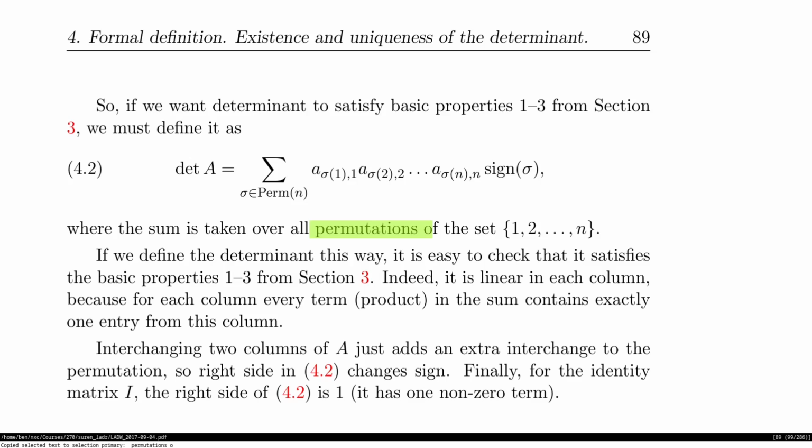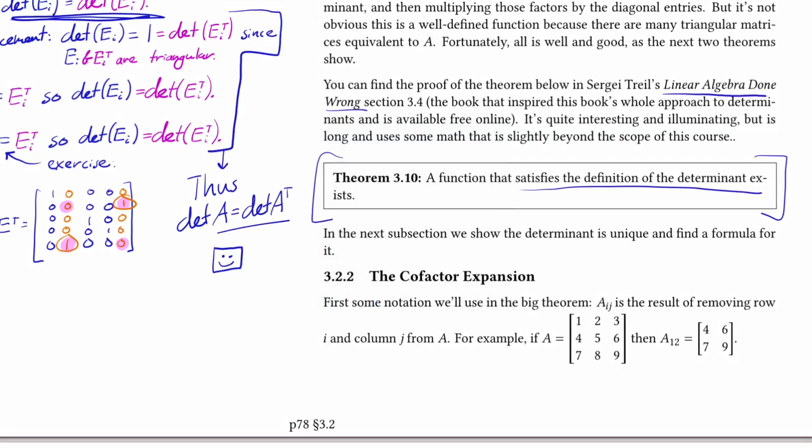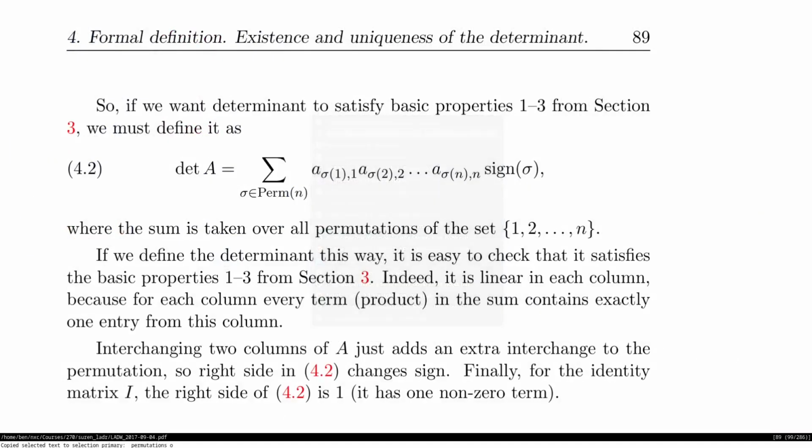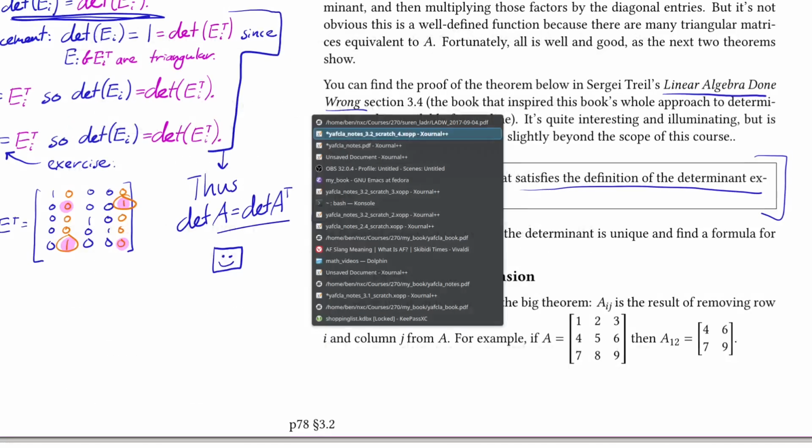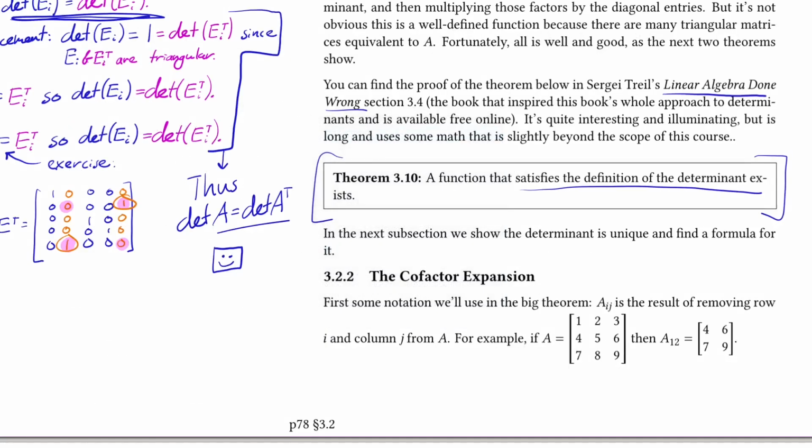So if you feel like you're up to it, you want a little challenge, and you have a couple hours, I would recommend reading this part of Linear Algebra Done Wrong. It's a free textbook. You can download it from the internet. Maybe that should be like an extra credit assignment. Maybe if you read this section of this book and demonstrate to me somehow, maybe by doing some exercises from it, that you understood the proof, I'll give you a few extra credit points.